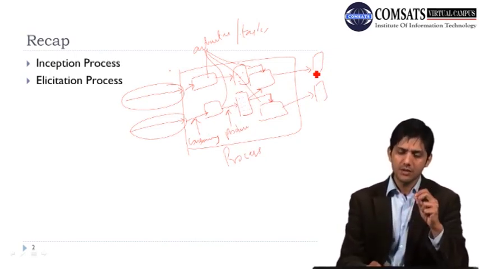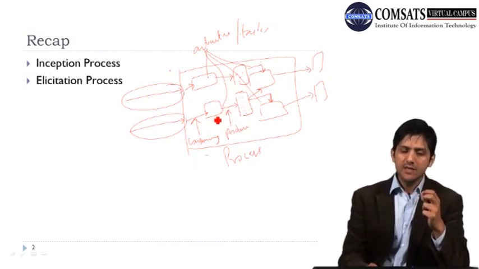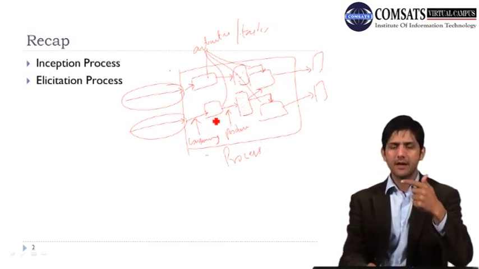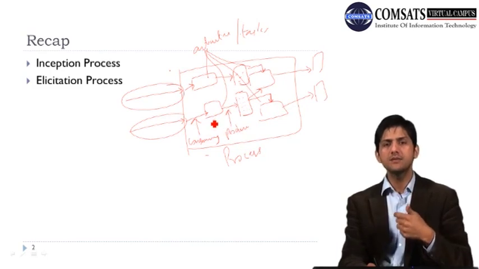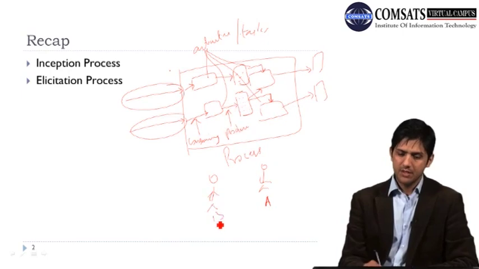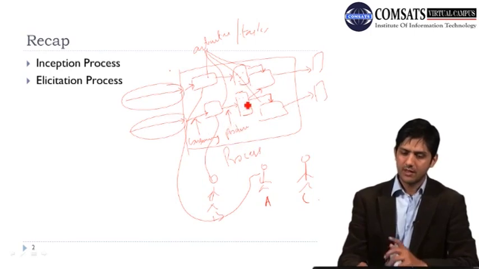Another thing which I mentioned is that whenever we execute a process, these activities are assigned to certain roles. By roles, I mean these activities are assigned to certain people who are going to perform them. For example, there are 3 people in my company, person A, person B, and person C. This activity is assigned to person B, and this activity is assigned to person A, and when they get free, then A is assigned this activity and B is assigned the other activity.